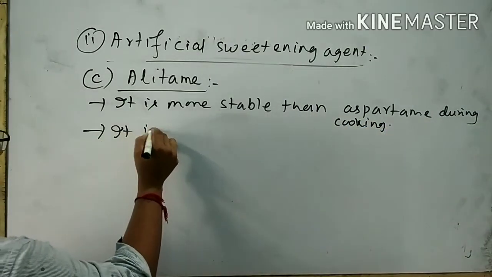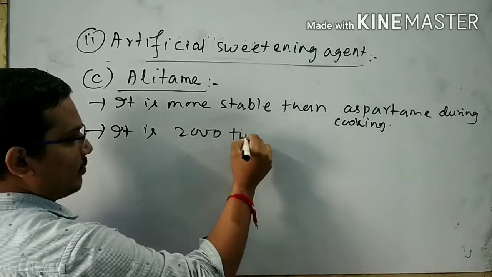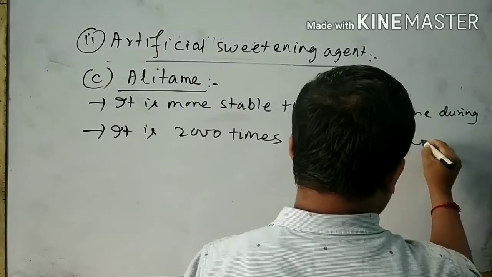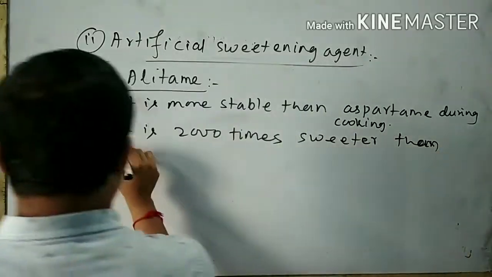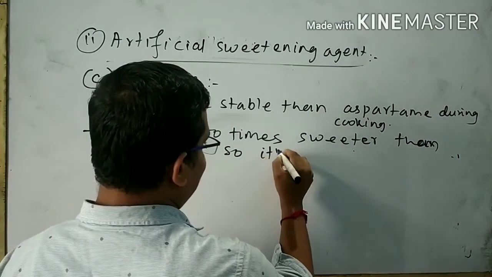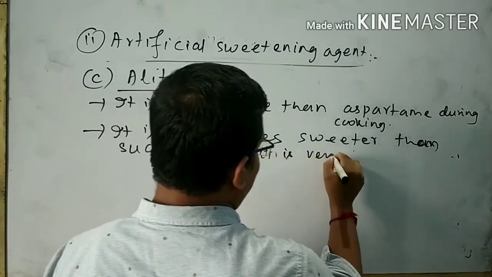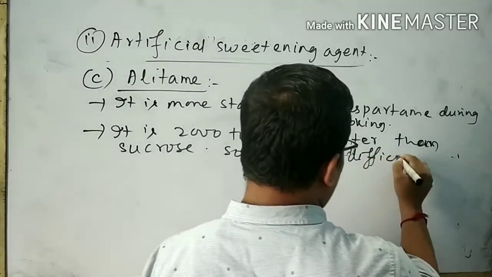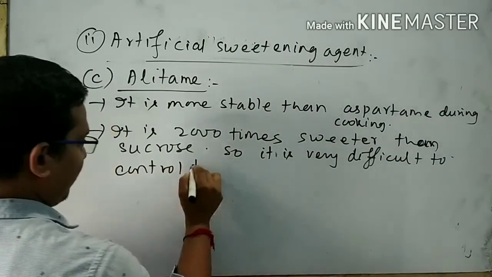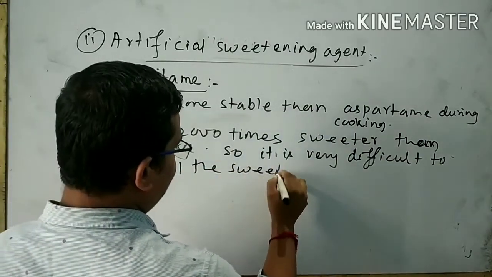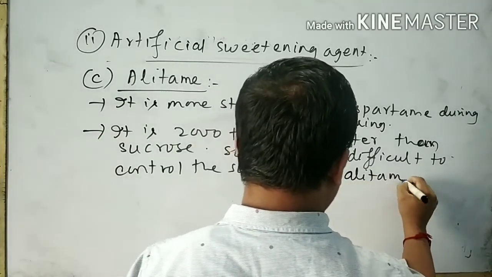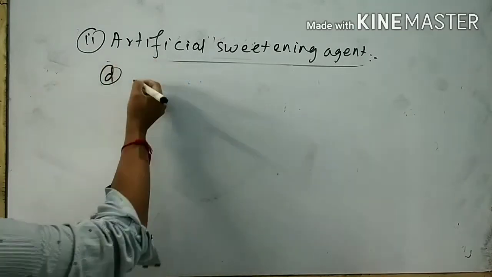It is 2000 times sweeter than sucrose, so it is very difficult to control the sweetness of alitame.